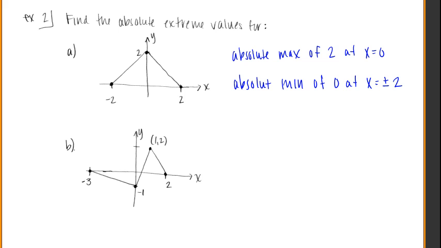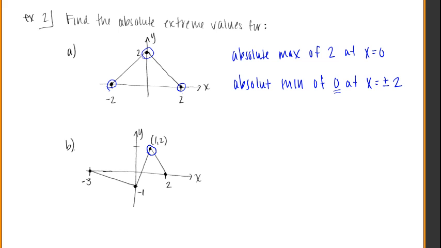Okay. So what it's saying is we have low points. The low points down there are right at y equals 0, so it's a low point of 0 at x equals 2 and negative 2, and we have an absolute max of positive 2 up there at x equals 0. Okay, let's go to the next one.